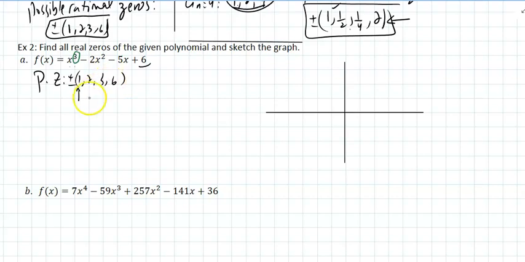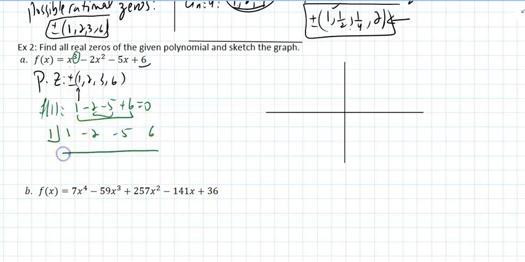Let's see. Does 1 work? I'm going to go for f of 1, because that's quicker than doing synthetic division. That's 1 cubed minus 2 minus 5 plus 6. That is 7 minus 7, which is 0. Got it. What does that mean? That means if I take 1 and do synthetic division, of course you could use long division if you wish: drop the first number, multiply, multiply, multiply, there it is.